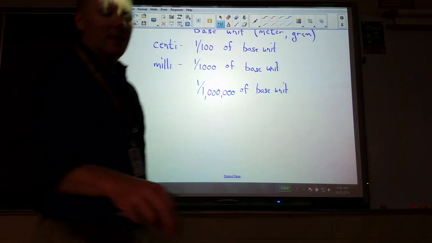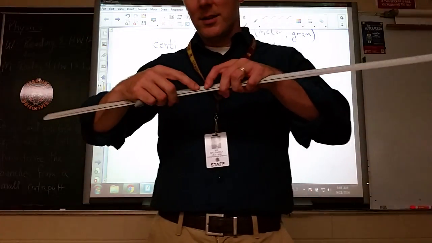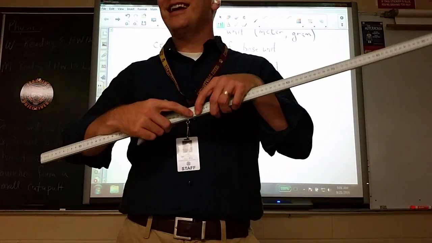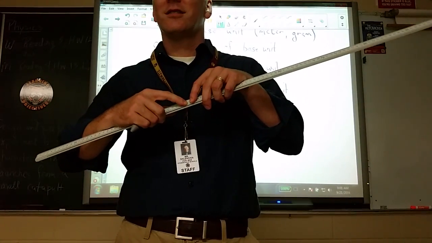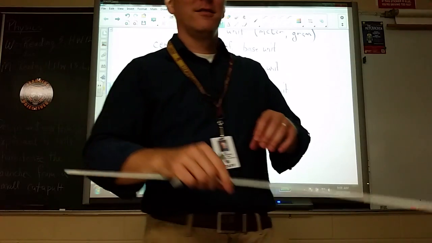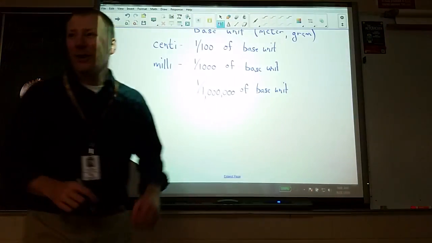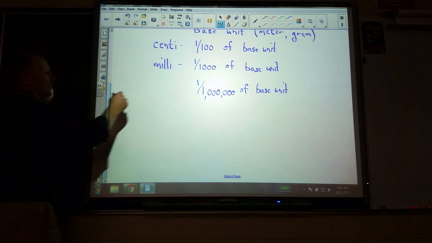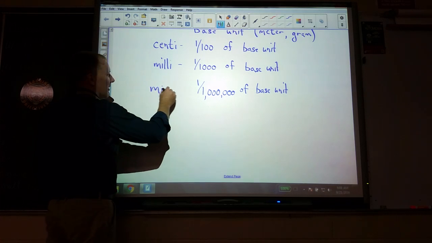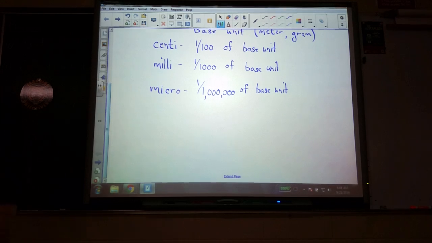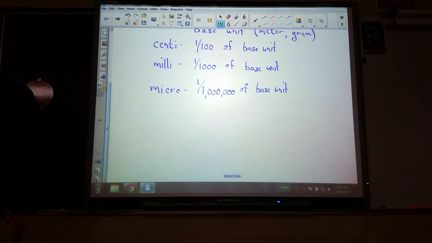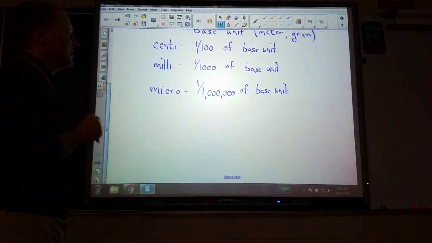That would be, in length, taking one of those millimeters, cutting it up into 1,000 equal pieces. That one we call micro. So it could be a micrometer, which we sometimes shorten to a micron, or it could be a microgram, which would be an extraordinarily small bit of mass.